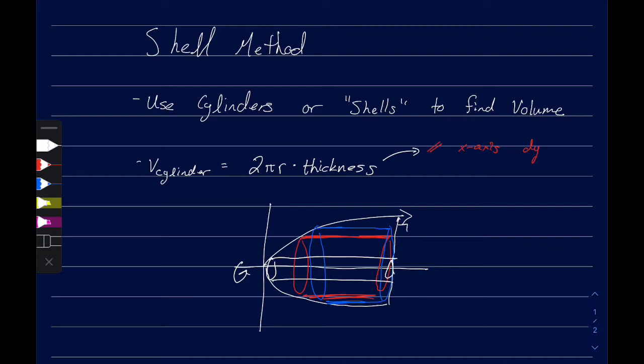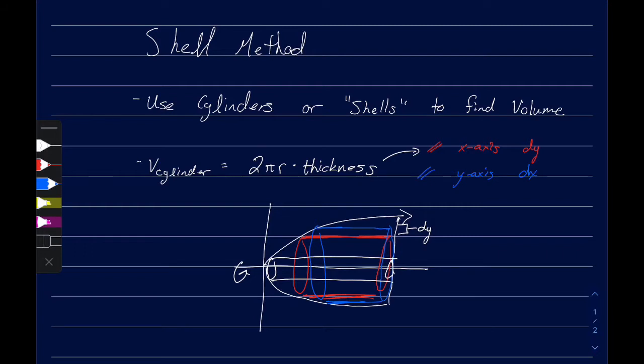So rotating around the x-axis, we have a small thickness here that's going to be dy, because it goes along the y-axis. And if it's parallel to the y-axis, we'll be dealing with dx's.